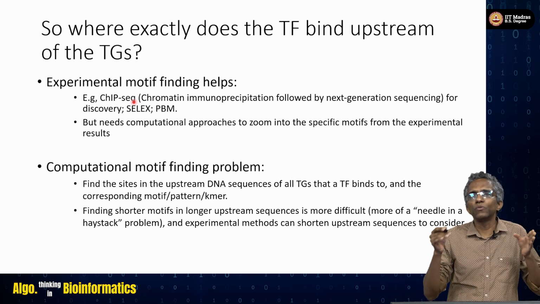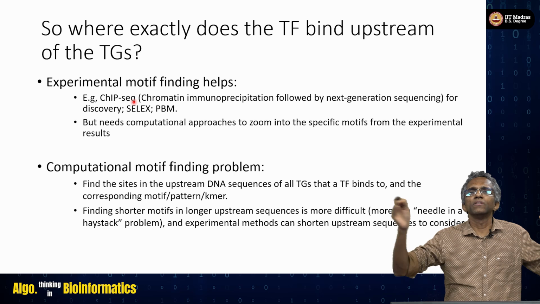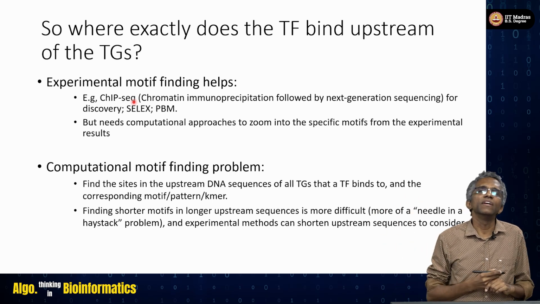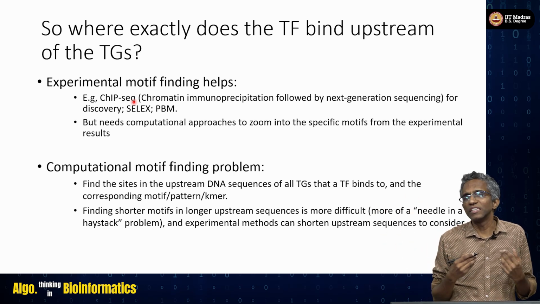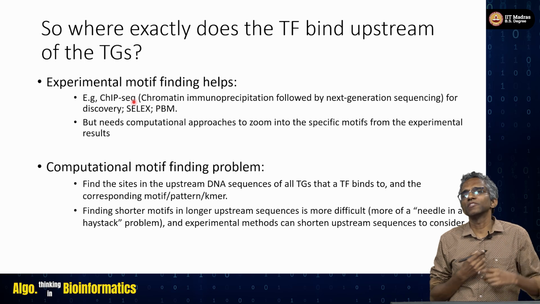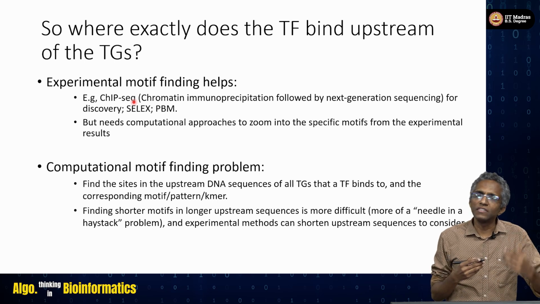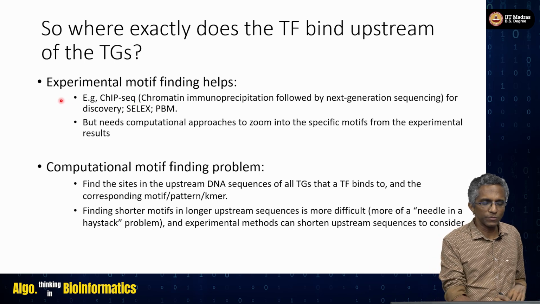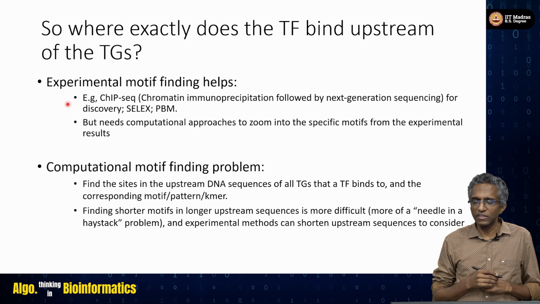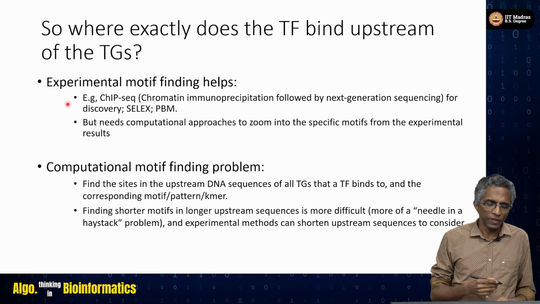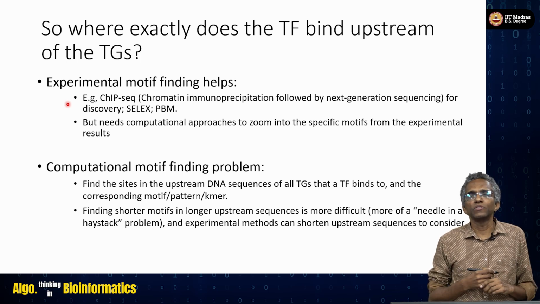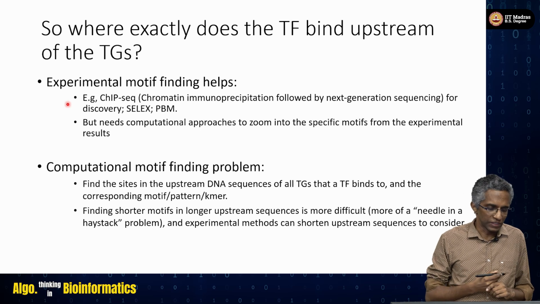And so, figuring out which 15-mer or 20-mer within this 100 length sequence returned by ChIP-seq contains the actual motif where the transcription factor binds to is an additional computational problem. And so, these experiments give you certain results that make it easier to find the motifs, but then we still need computational approaches to refine our results.